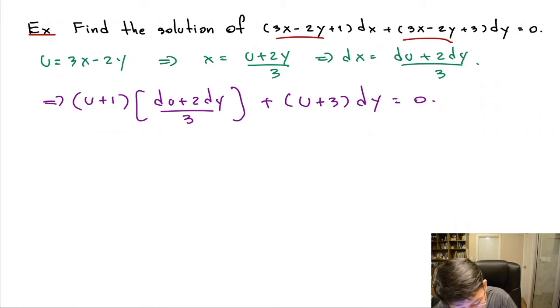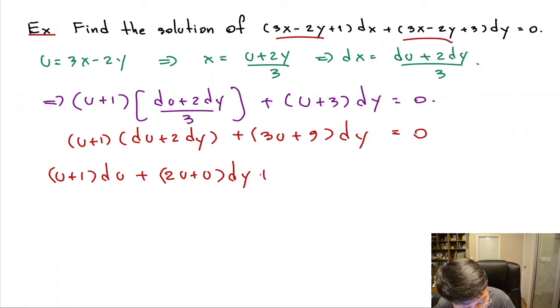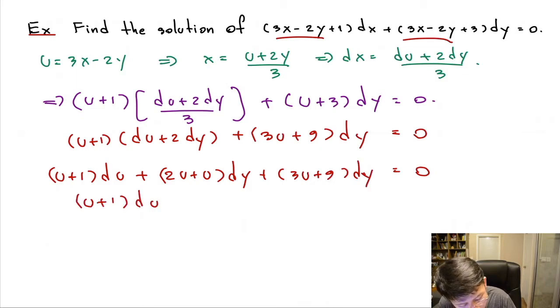So I'll multiply the whole equation by 3. So I get 3u plus 9 dy equals 0. So I have u plus 1 du plus 2u plus 2 dy plus 3u plus 9 dy equals 0. Did I do anything wrong?